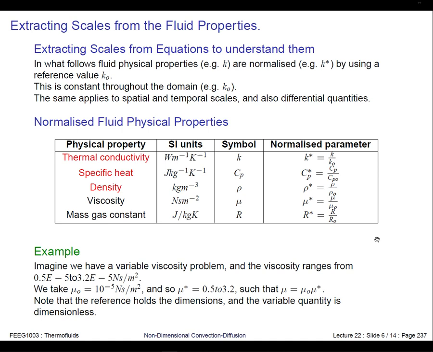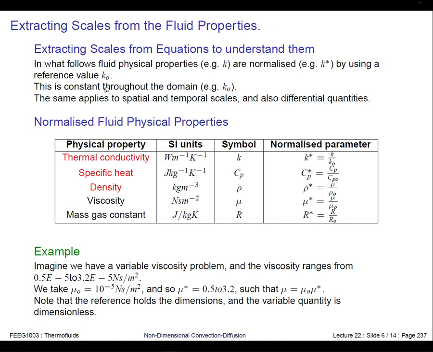So what we do is we take a variable, which is something like thermal conductivity, and we separate it into a variable that varies in the domain, but the important thing is the value of this is of the order 10 to the 0, so somewhere between 0.1 and 10, say, and we have a reference value.